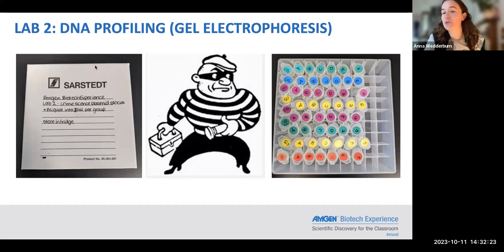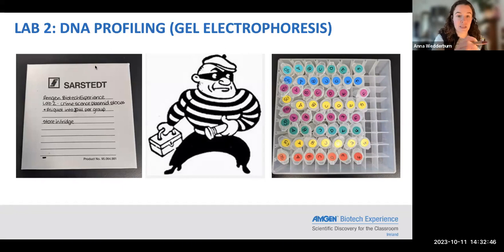There was a jewelry robbery, and we've got DNA from the crime scene and DNA from our 1, 2, 3, 4, 5, 6 suspects. The students just need to load the DNA into the gel electrophoresis tank and then run it and match the crime scene up with the suspect that did it. I'll go through the results of that now.